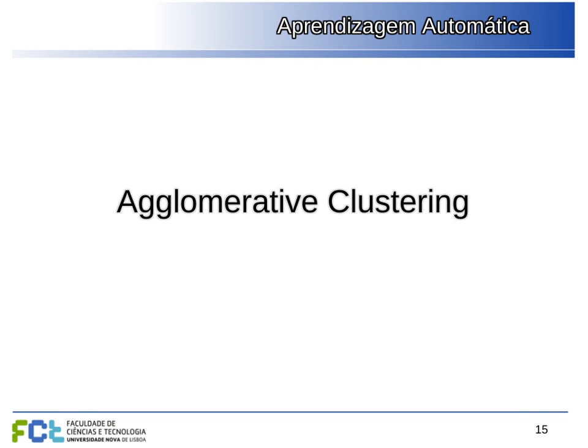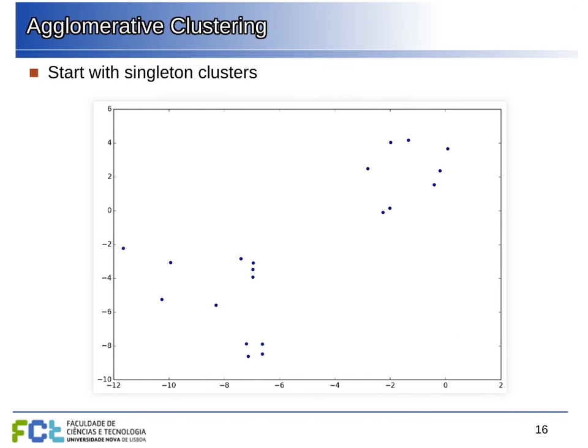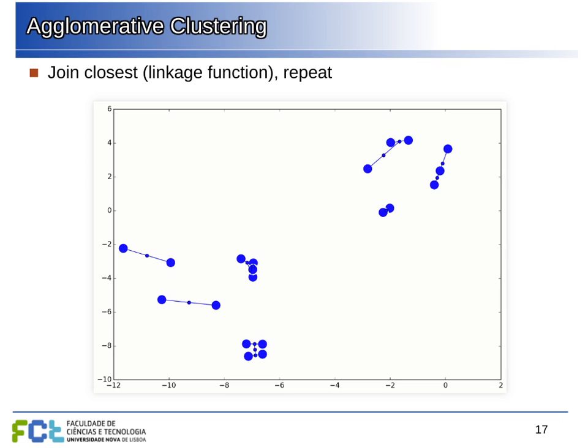So let's see how agglomerative clustering works. You start with singleton clusters, that is, each example is its own cluster, and then you aggregate, you join using the linkage function those that are closest together. And we keep doing this, and eventually we start grouping clusters and then clusters of clusters and so on.